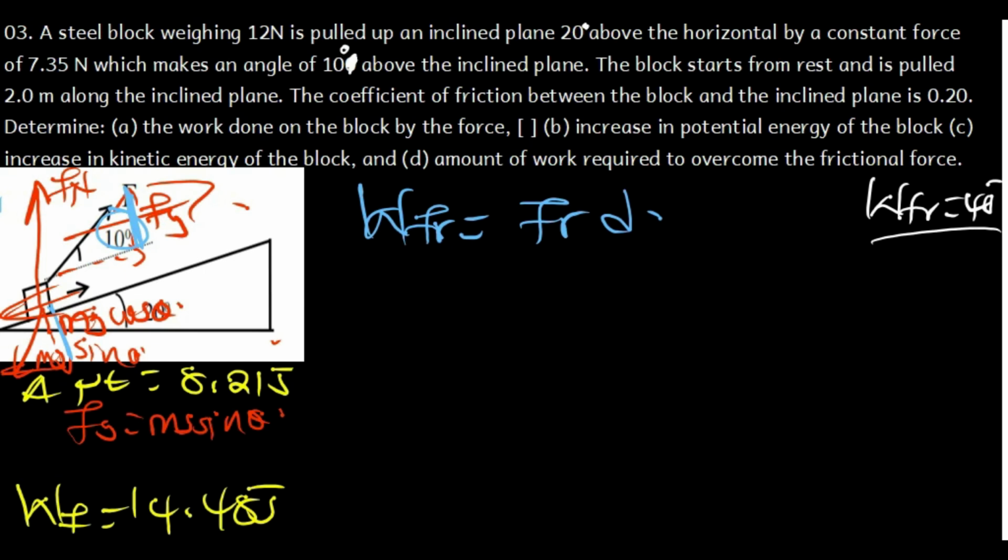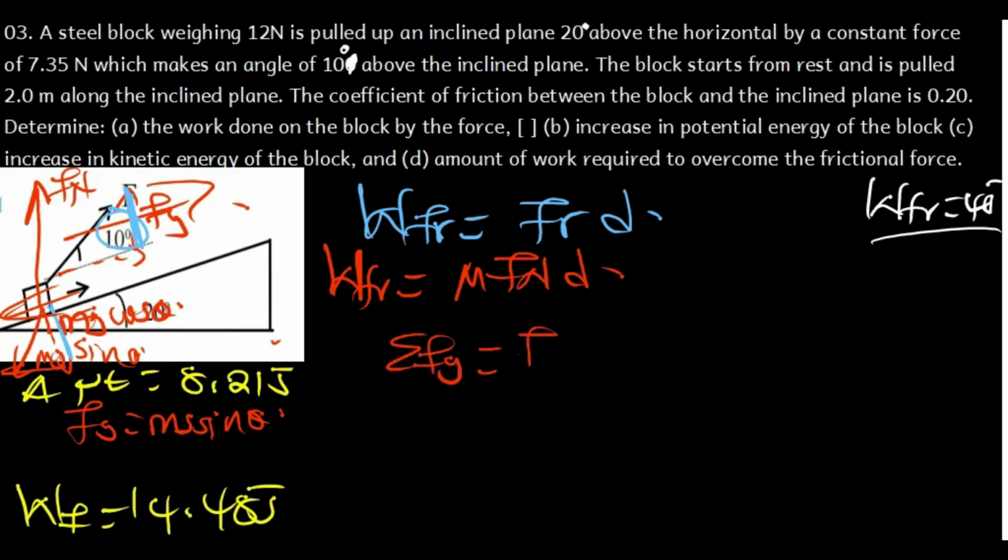So we are saying the work done by the friction force, what is our friction force? It is mu times the normal force, then times the displacement. Now in that case, what is our normal force? From our diagram, we take the summation of all the forces in the y direction. We have the normal force pointing upward plus Fy pointing upward minus mg cos theta pointing downward.